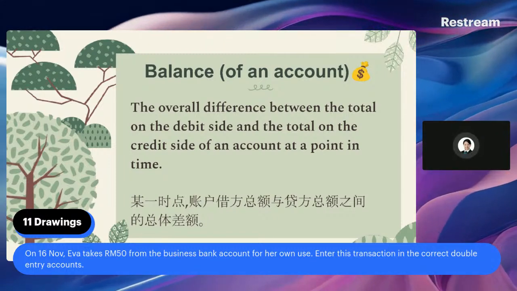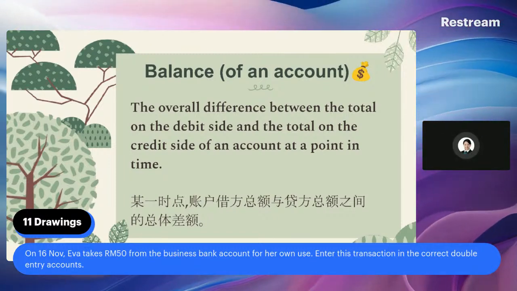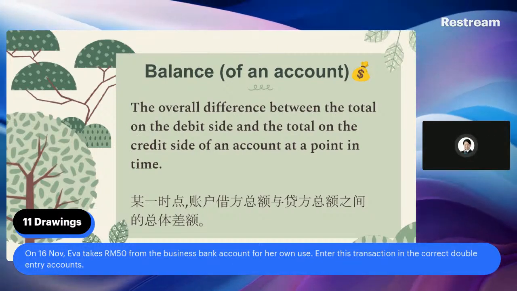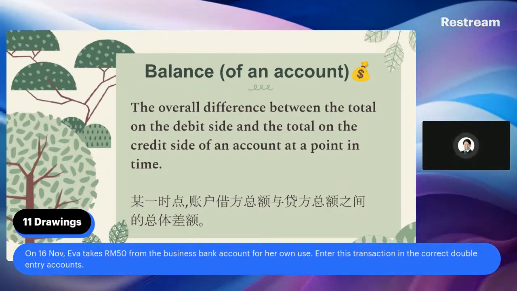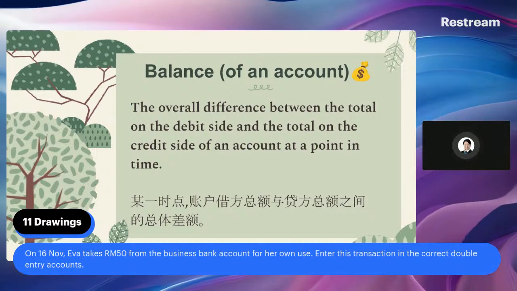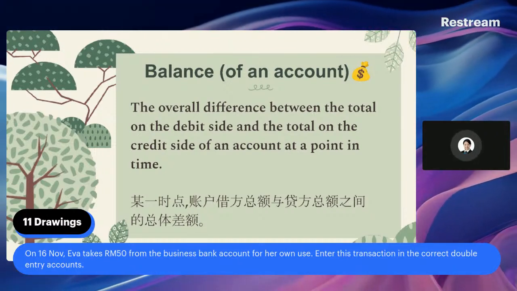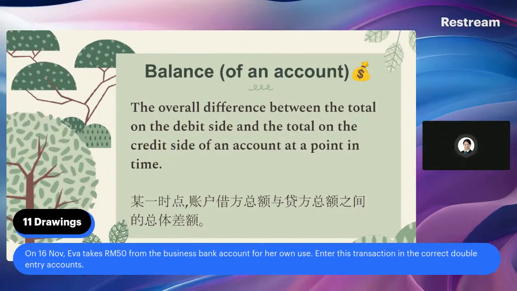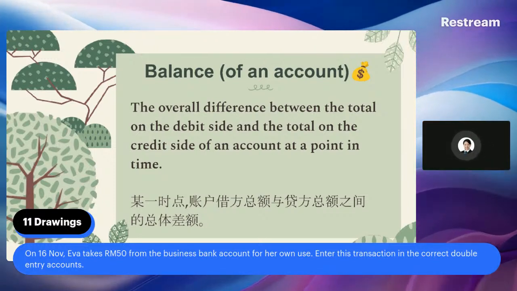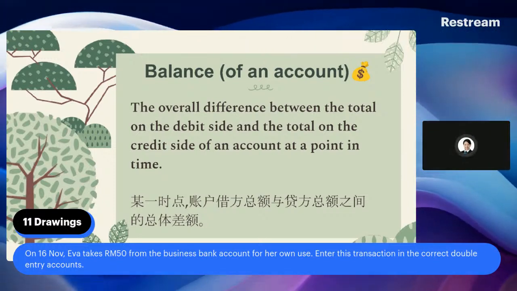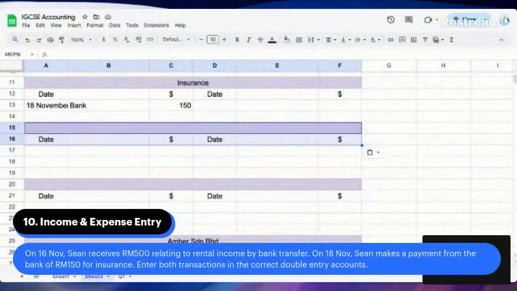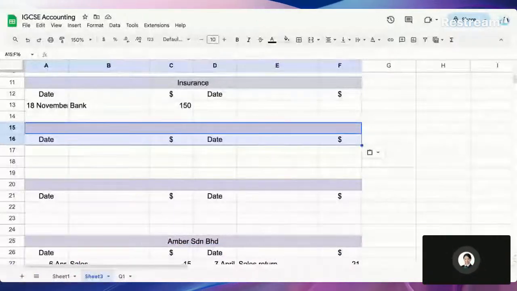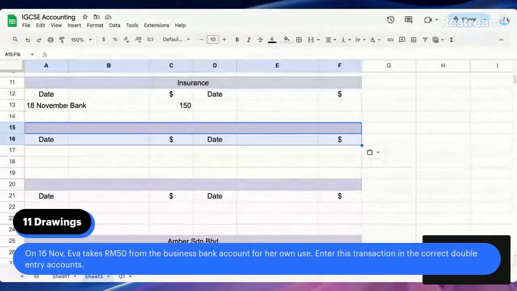So we do another T account for example number 11. Let me change the screen a bit to the T account. I hope you can see it.